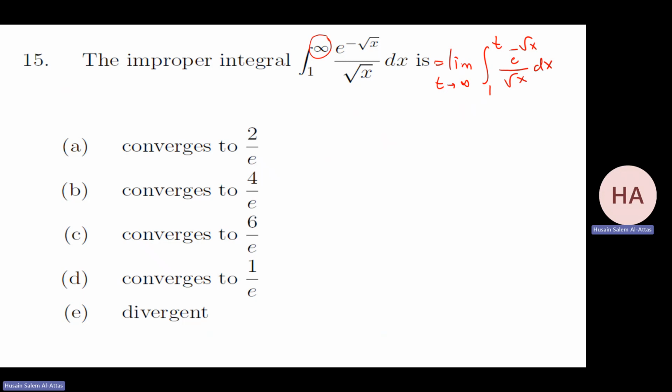Let me do the integration here. It's not that difficult, but just to relax, I let u equal minus square root of x. So du will be what? Minus 1 over 2 square root of x dx. So I need 2 and minus 2 outside.